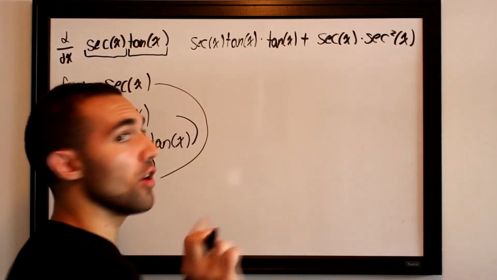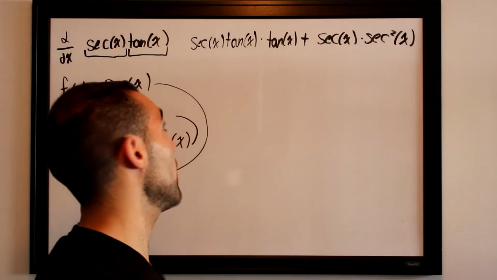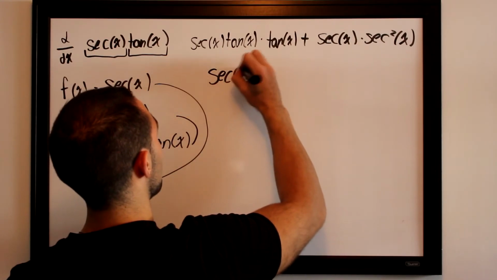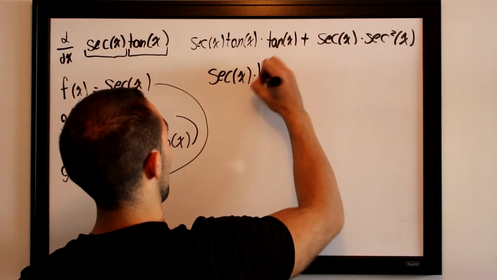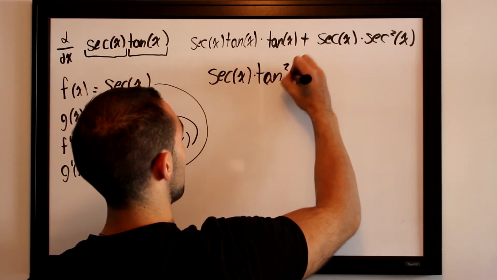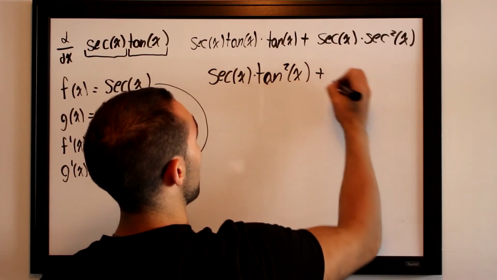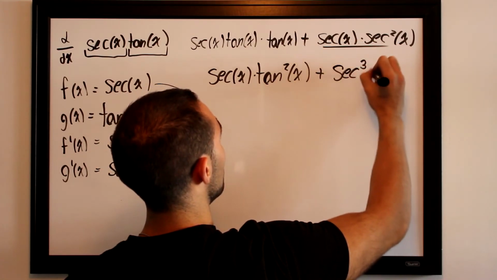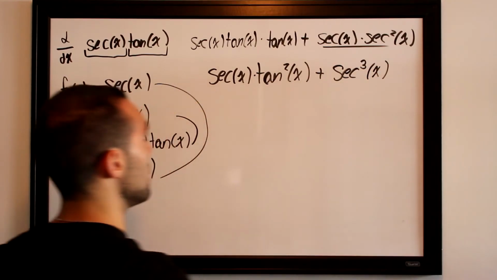So if we wanted to join all of our like terms and multiply everything out, what we would be left with is secant of x times tangent squared of x. And then we add on, join these two together, secant cubed of x, simply by adding the exponents.